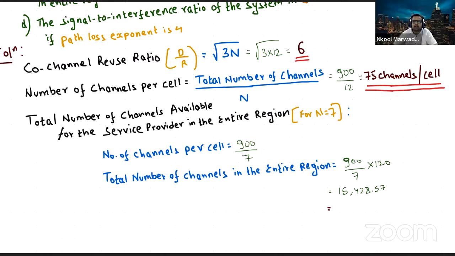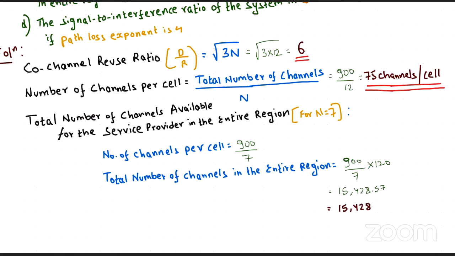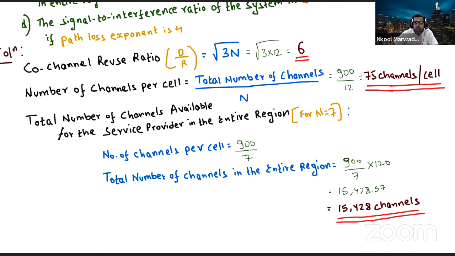See, the idea is that the channels we have used, that 0.43 extra channel we can't get now, so we can call it 15,014 approximately. So C part is also completed.